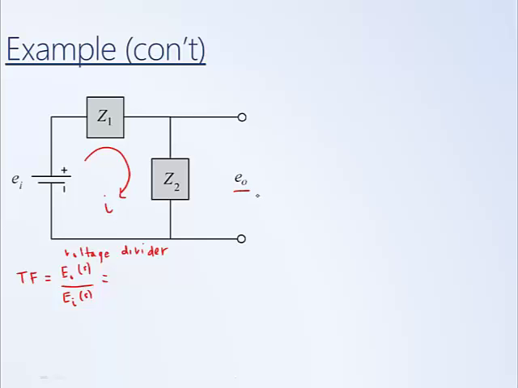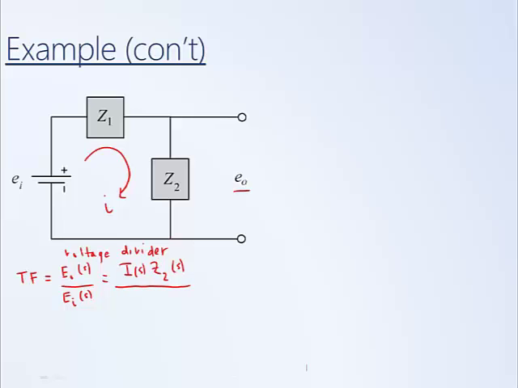If we look at E_O, it's the voltage across Z2, where the current through Z2 is I. Thinking back to the definition of complex impedance, voltage has a similar relationship to that we had with Ohm's law. Voltage is equal to current times impedance. So E_O is equal to I(S) times Z2(S).